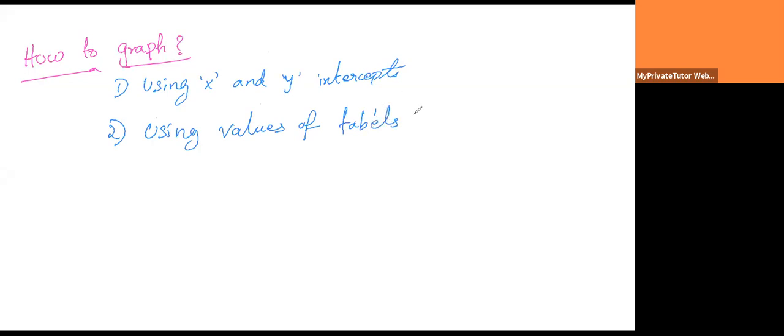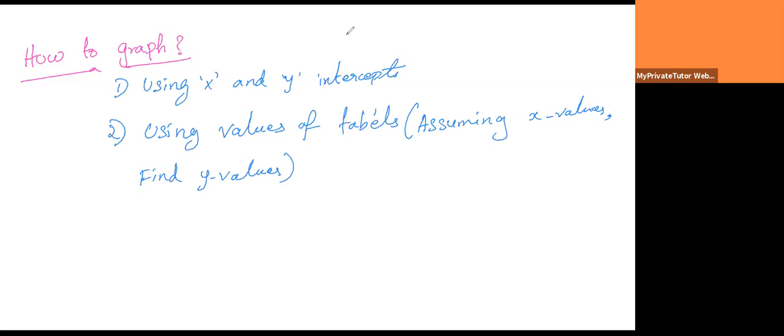What does that mean? We are just assuming x values, okay? And then by using those x values, we find the y values. Maybe 4 to 5 points, and then plot them in the graph, mark them, and then extend the line, connecting the points. So these are the two basic methods.